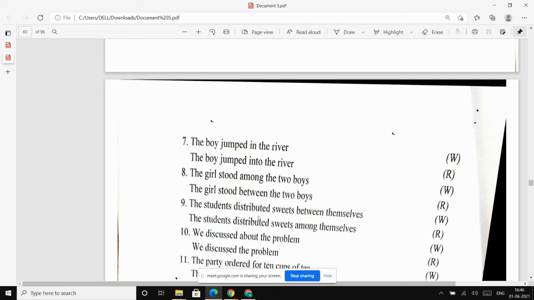The students distributed sweets between themselves. So the students distributed sweets among themselves. Here themselves indicates that there are many, but here we use between means it is between only two. That's why between is wrong, among is the right sentence. Okay, good. Is it clear?